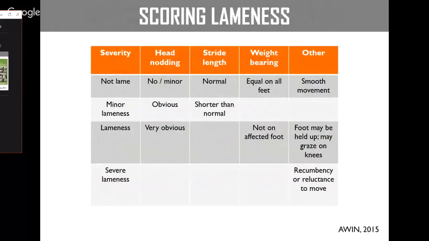Another example of these, of course, would be the specific changes in behavior we use to assess the severity of lameness, and this comes from the AWIN protocol, basically looking at head nodding, stride length, weight bearing, and another, all of them behavioral, to classify lameness as non-existing, minor, intermediate, or severe lameness.